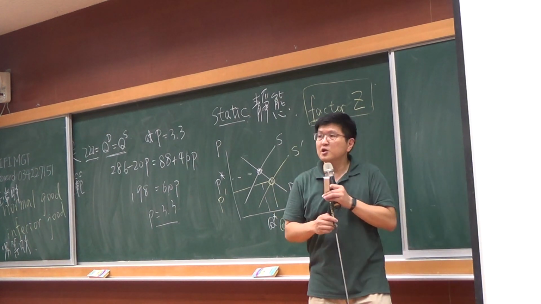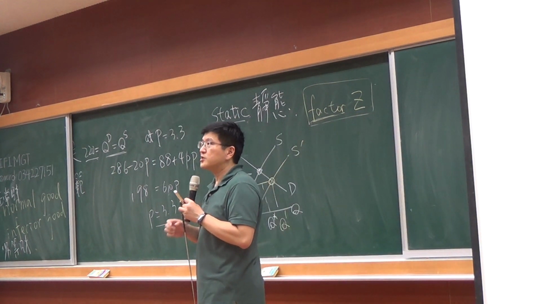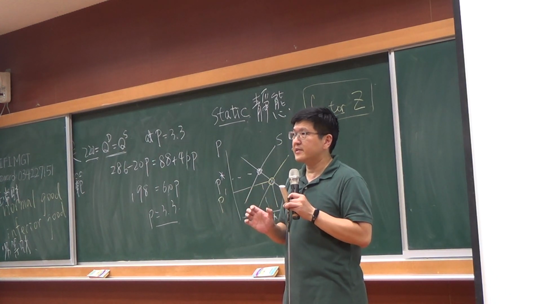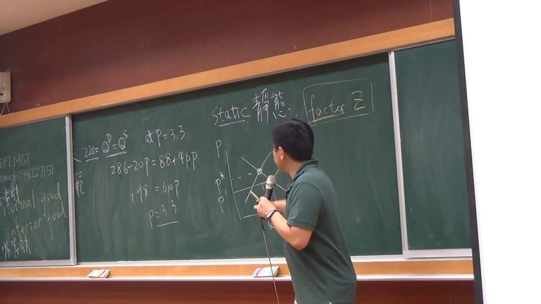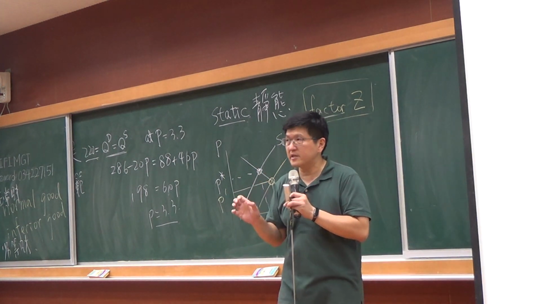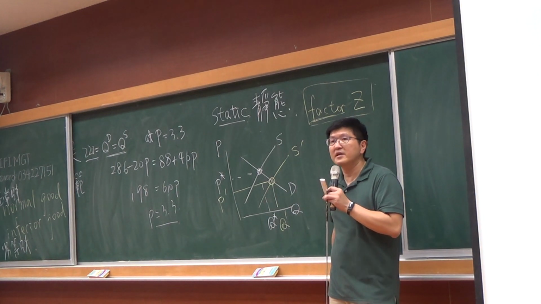So we call this kind of analysis comparative statics, because we are comparing two statics. Is that clear? Static number 1, static number 2. If we want to compare these two statics, then we call it comparative statics analysis.